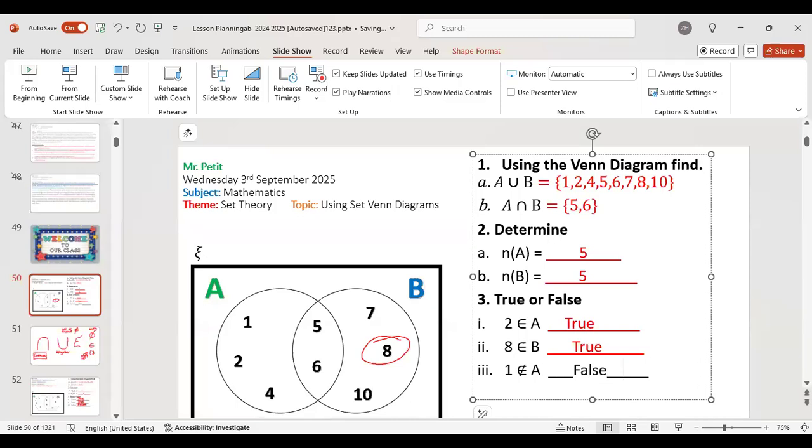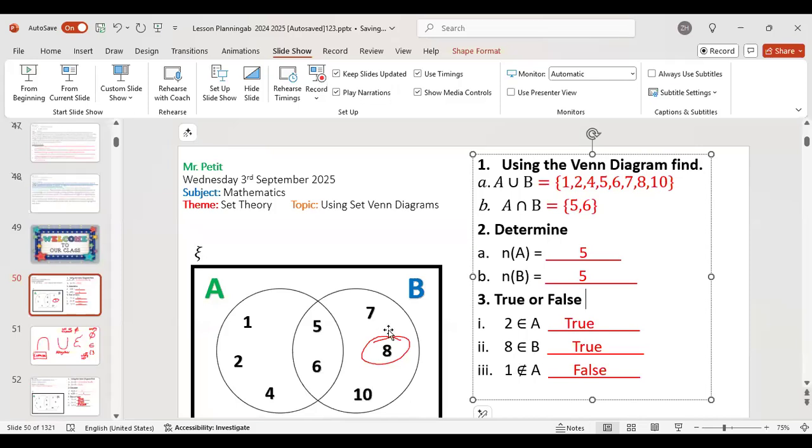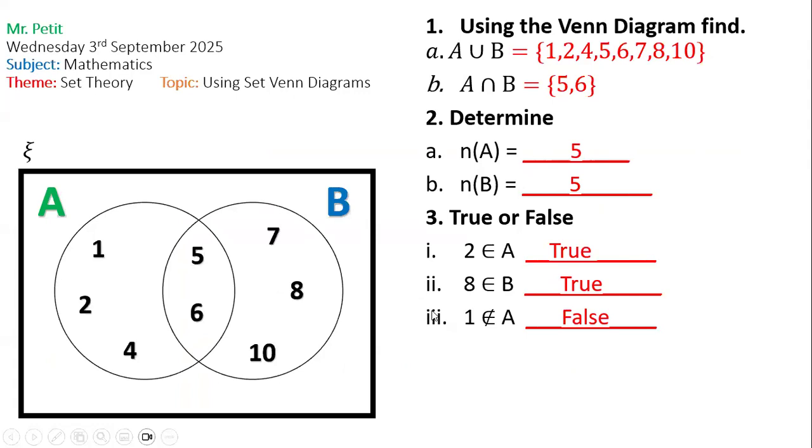So the answer is definitely false, because 1 is an element of A. If I say 1 is not an element of A, that's false because 1 is right there and A is there. So 1 has to be an element, but this is saying that 1 is not an element. So that is a false statement.